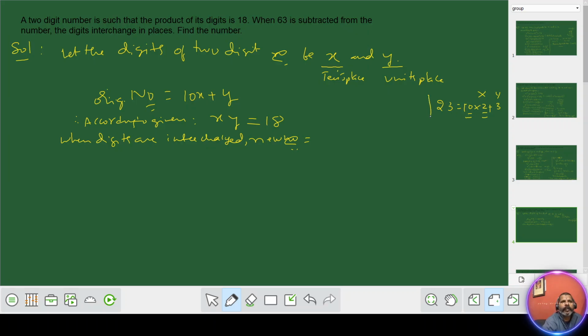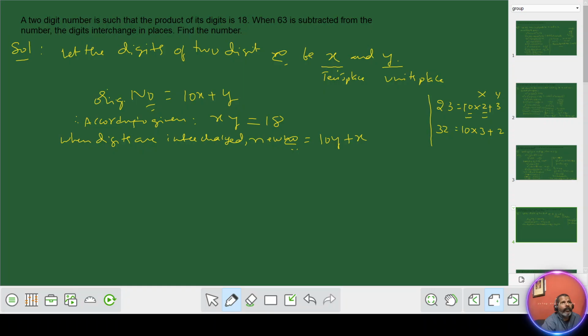For example, if you take 23 here itself, 32, if you interchange the digits, how does it look? 10 into 3 plus 2, means your actual tens place digit will go to the unit place, and the unit digit will come to the tens place, that gets multiplied with the 10. So your number becomes 10y plus x. Please understand this. Two-digit number questions may come in quadratic equations also, and linear equations in two variables also. This is the step. Okay.